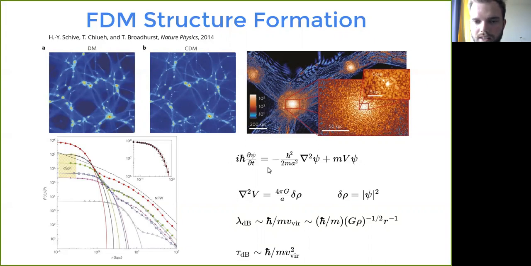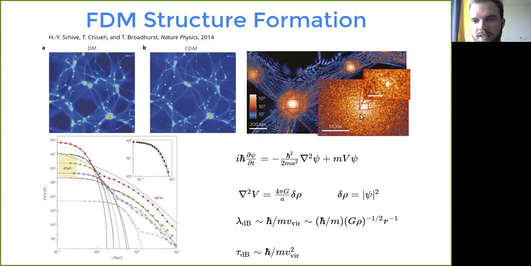Since the Schrödinger equation is well known from quantum mechanics, actually a lot of phenomenology that we know from quantum mechanics also shows up in these simulations. For example, I already introduced this wave-like behavior on galactic scales. That's actually on the de Broglie wavelength scale, so the inverse of the mass of the fuzzy dark matter particle and its velocity dispersion, or typically the virial velocity.